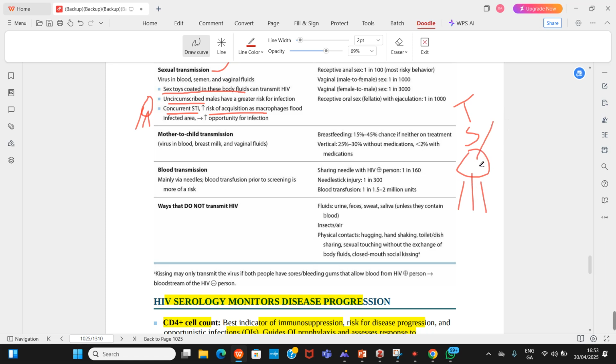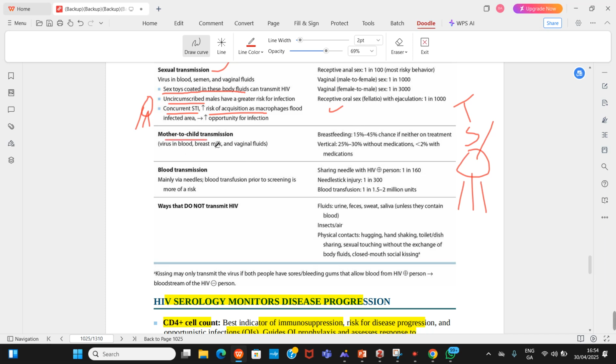So the macrophages are already there waiting. So any small break like this, HIV can enter. So that is why people with concurrent STI have a very high risk of developing HIV infection. So that's why in the US, anybody with chlamydia, syphilis, and all those things, you automatically want to screen for HIV. Next best step, go and screen for HIV.